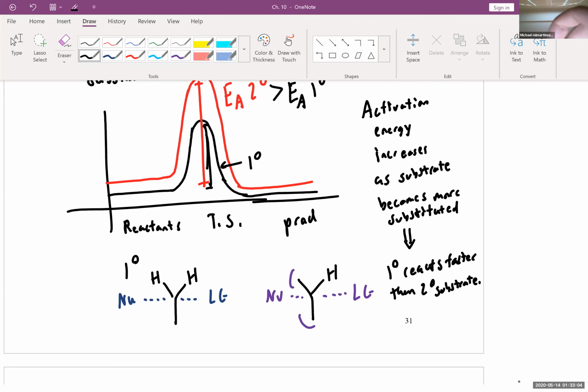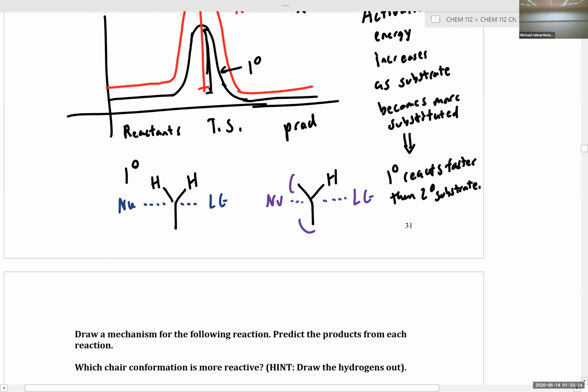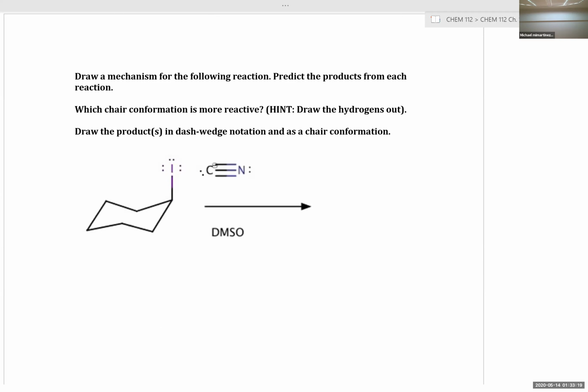Okay, so let's keep going now. And let's look at a mechanism example. So this is a nice case where we can begin to tie together and begin to think about the key features of SN2 reactions.